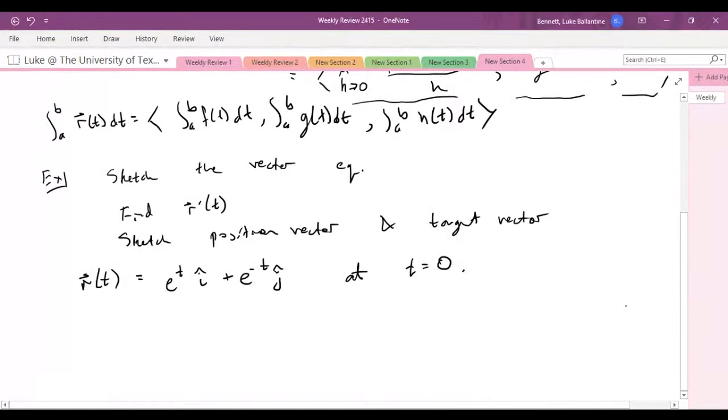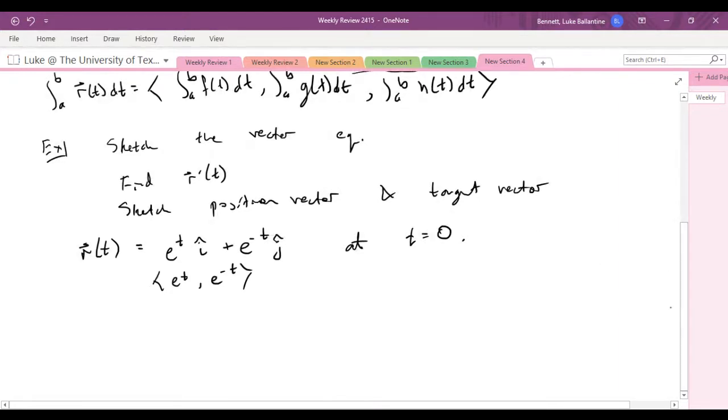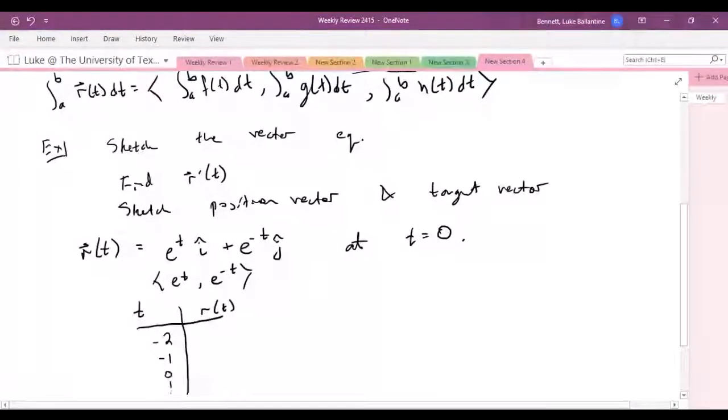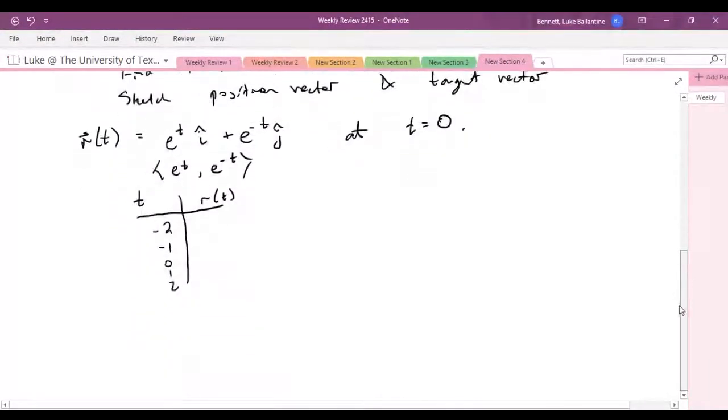So you can see this lives in R2 because we only have the x and y components. This is in the xy plane. And so to graph this, here's what we can do. We can make a table with t and r of t. We just use -2, -1, 0, 1, 2.